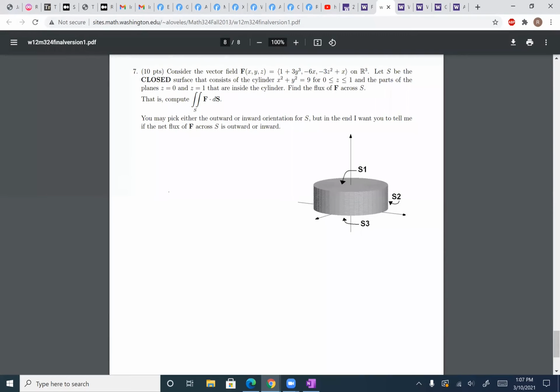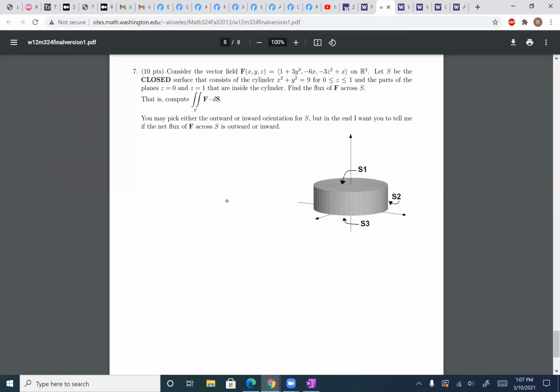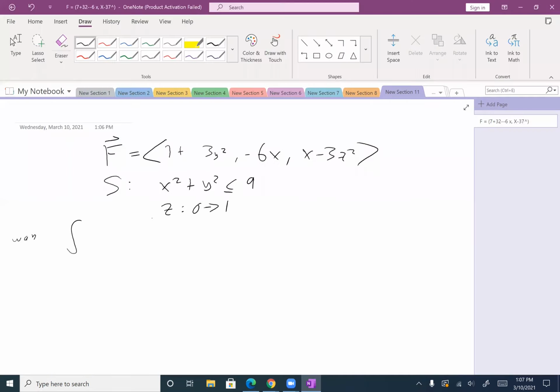So the S is x squared plus y squared less than or equal to 9, and there's a z range. Find the flux across S. So we want the flux integral of F dot dS.